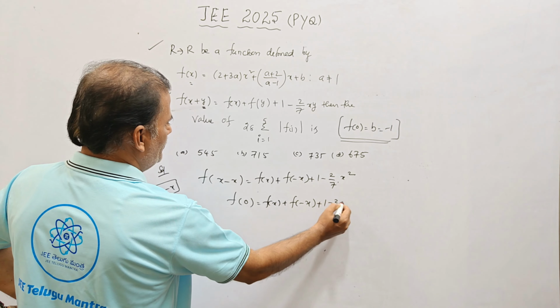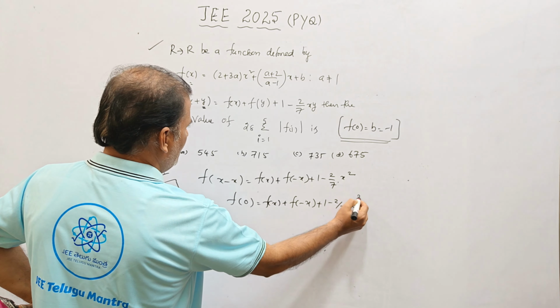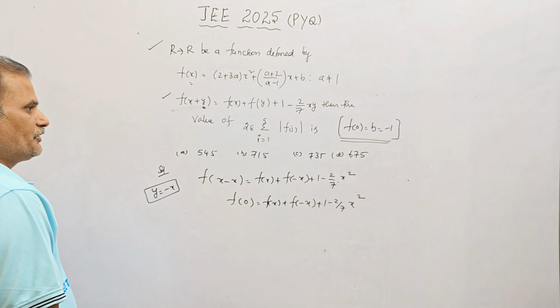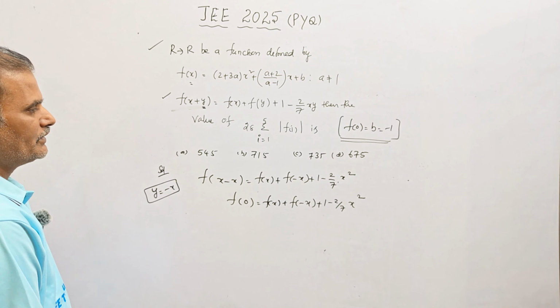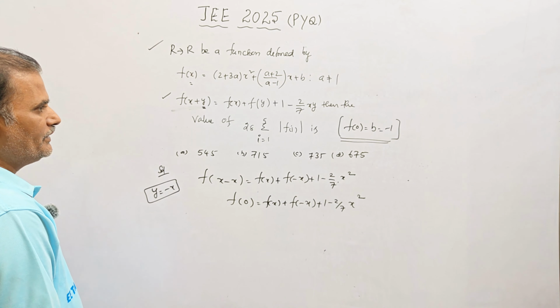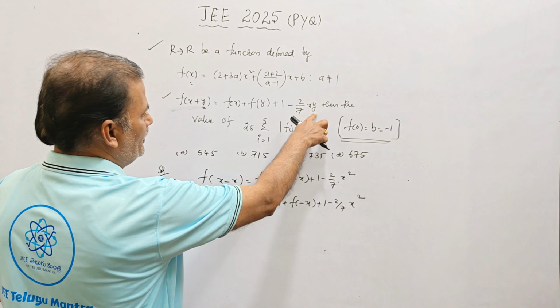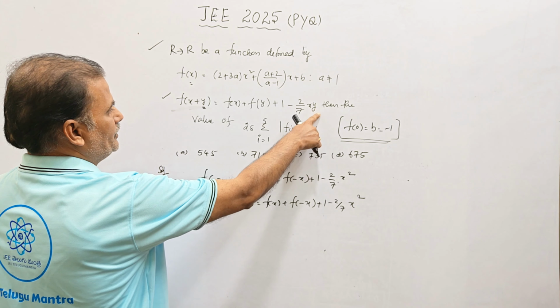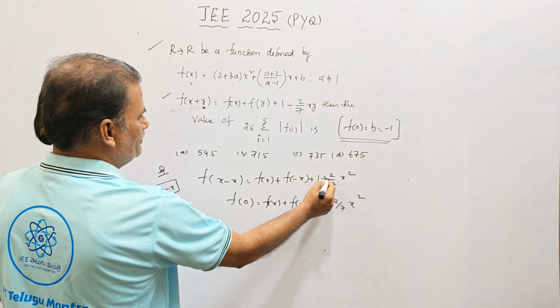In the place of y, we replace minus x, that should be minus x square. Here y is equal to minus x, x into minus x, it should be plus.